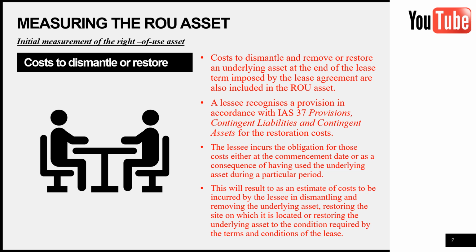So if all of these circumstances exist, then the lessee is liable to recognize the provision. This will result in an estimate of costs to be incurred by the lessee in dismantling and removing the underlying asset, and also restoring the site on which it is located, or restoring the underlying asset to the condition required by the terms and conditions of the lease.